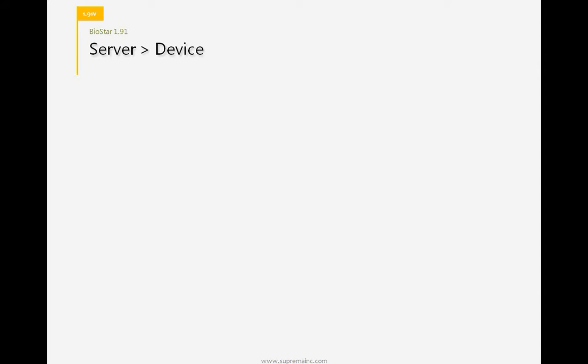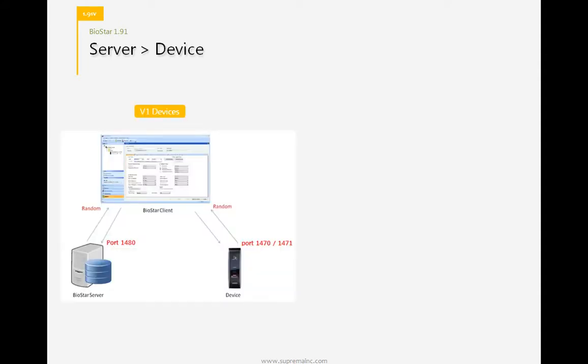When the connection is from BioStar server to device, it means we are searching for devices from the client software. For version 1 devices, between the server and client, it uses a default port of 1480.